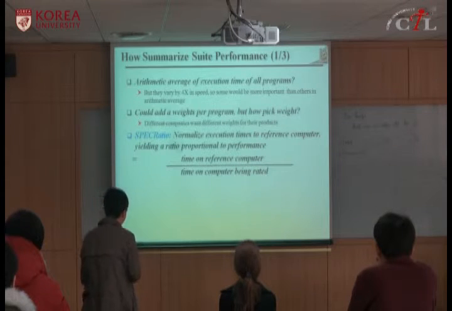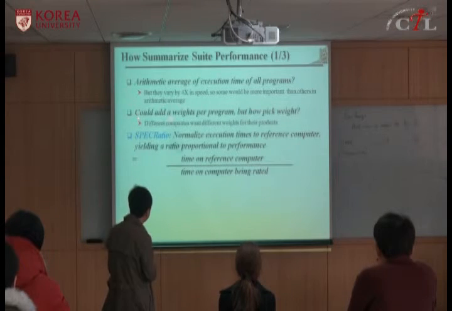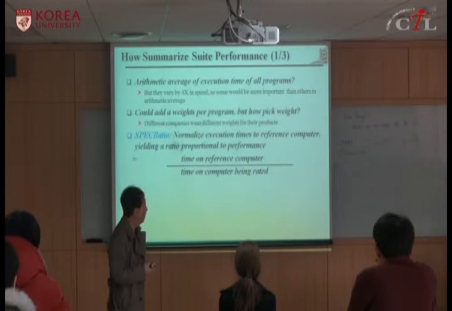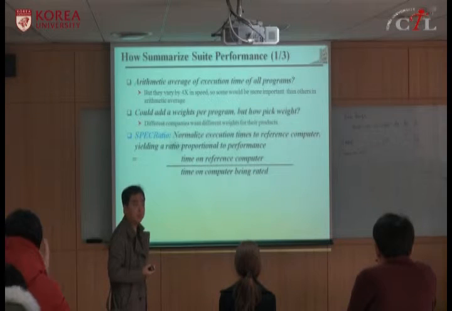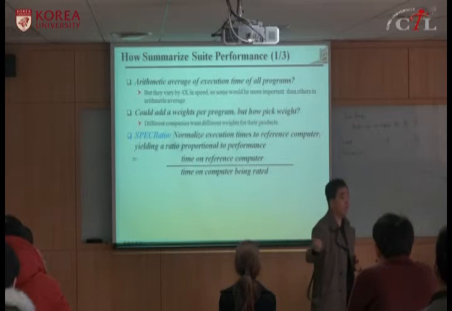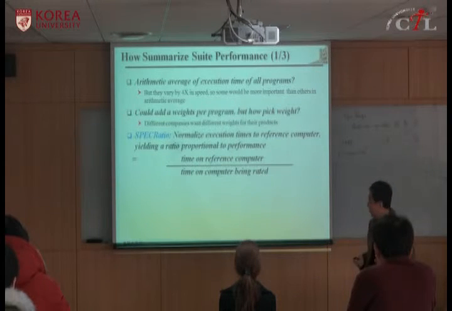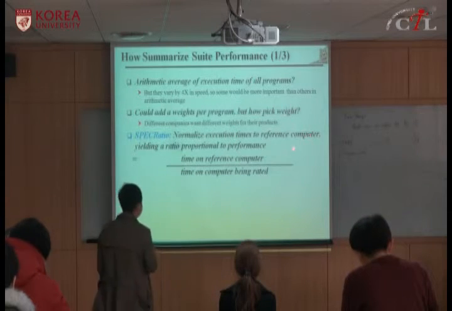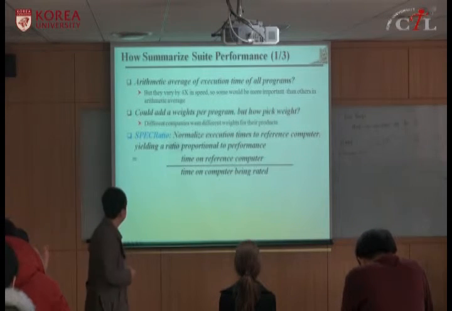So instead, how do we do it? You can add a weight for each program, for each application, but different companies want different weights for their products, because some machines are good for this application, some machines are good for the other application. So instead, they normalize execution time to a reference computer, as you have discussed.